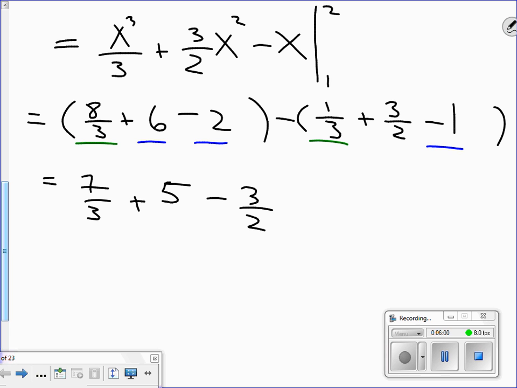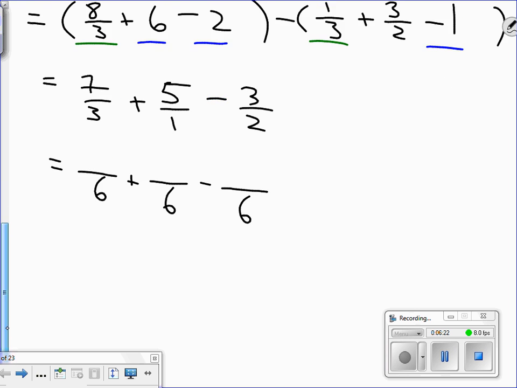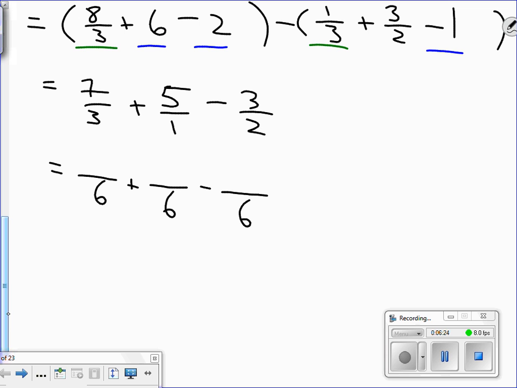Right, being subtracted. Well, with fractions, we need a common denominator if we want to add or subtract them. 6 would be beautiful. I'm going to rewrite each of these fractions with a denominator of 6. So 7 thirds is how many sixths? 14 over 6, right?